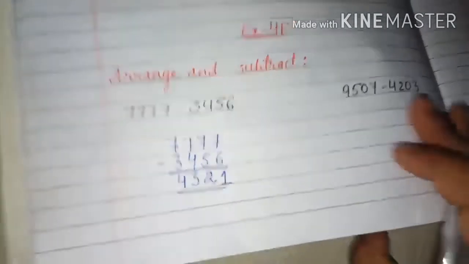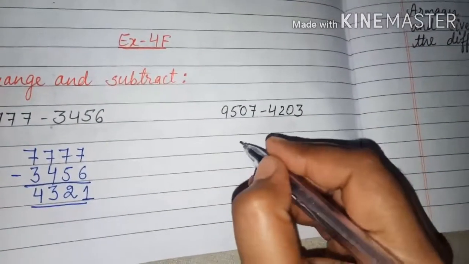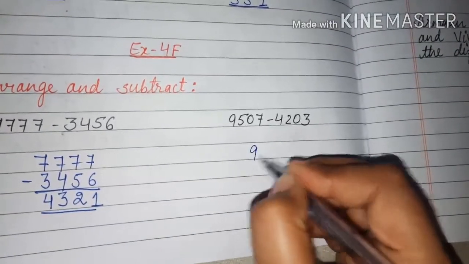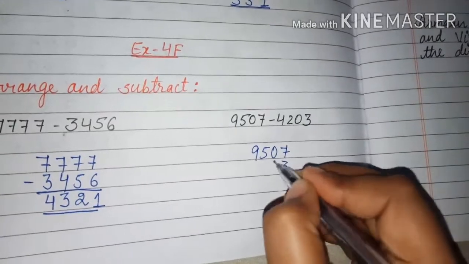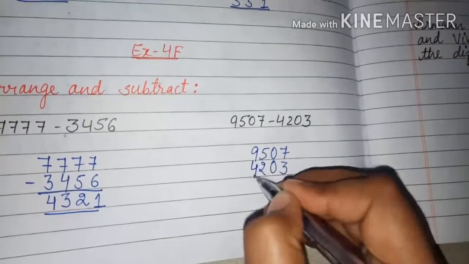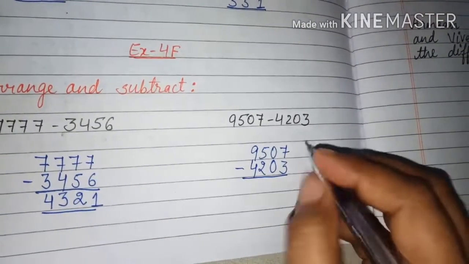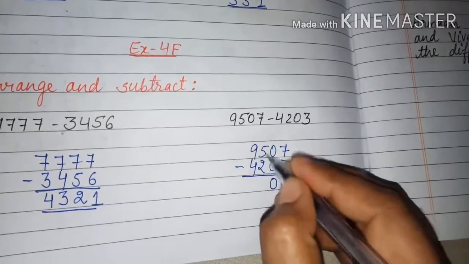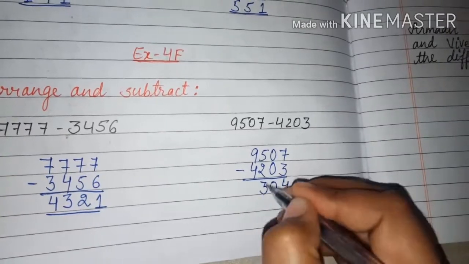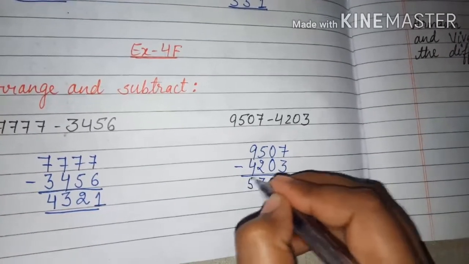You will get your answer. Now next question, 9507. Then 3, 0, 2 and 4. Let's subtract it. 7 minus 3 is 4, then 0, 5 minus 2 is 3, 9 minus 4 is 5, and you will get your answer.